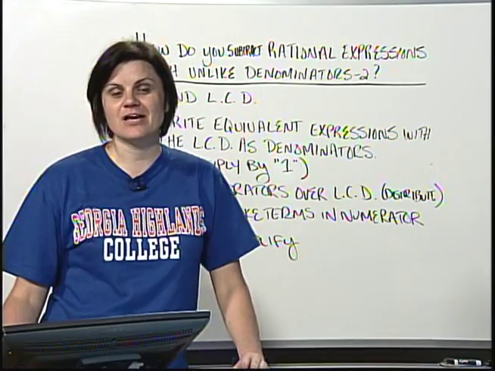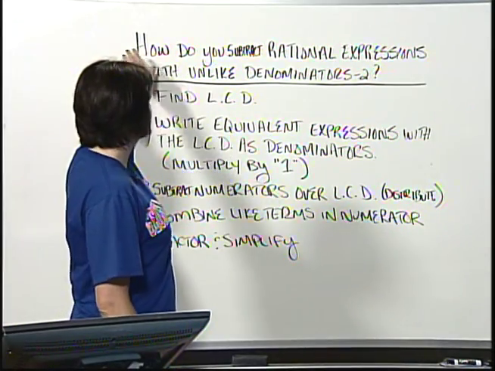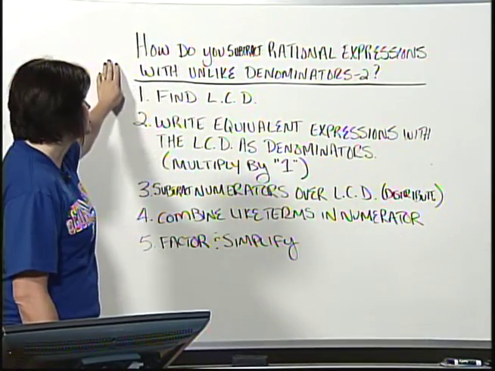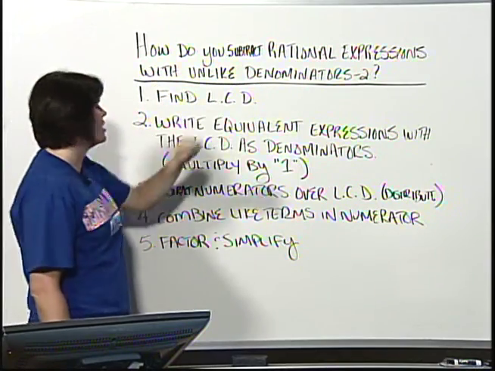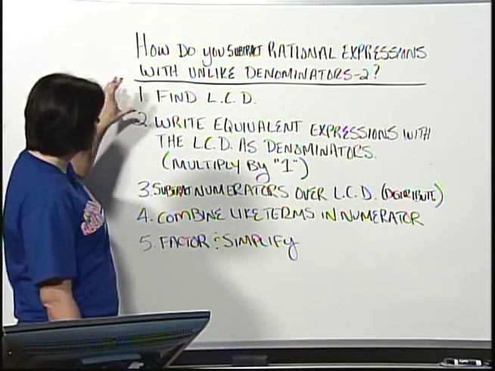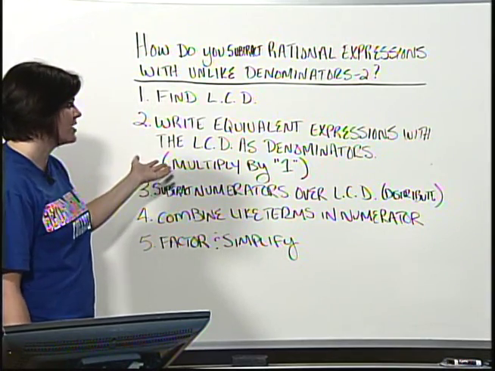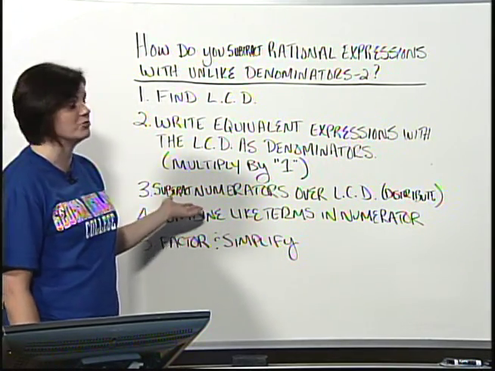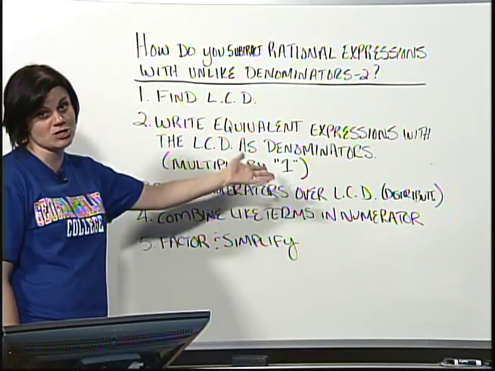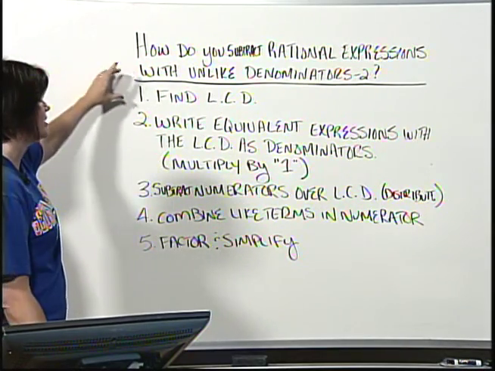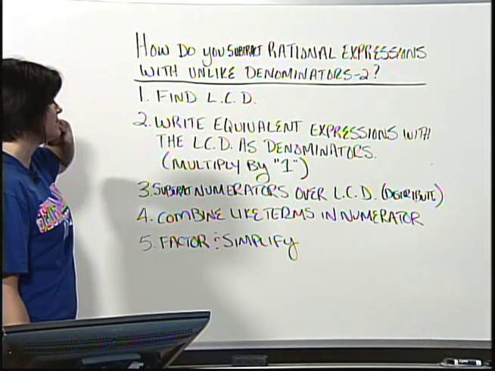In this video segment, we'll be answering the question, how do you subtract rational expressions with unlike denominators? So the first step you're going to do is just like addition, except when you get to the part where you usually add them, you're going to be subtracting them and distributing that -1. So you find the LCD first.